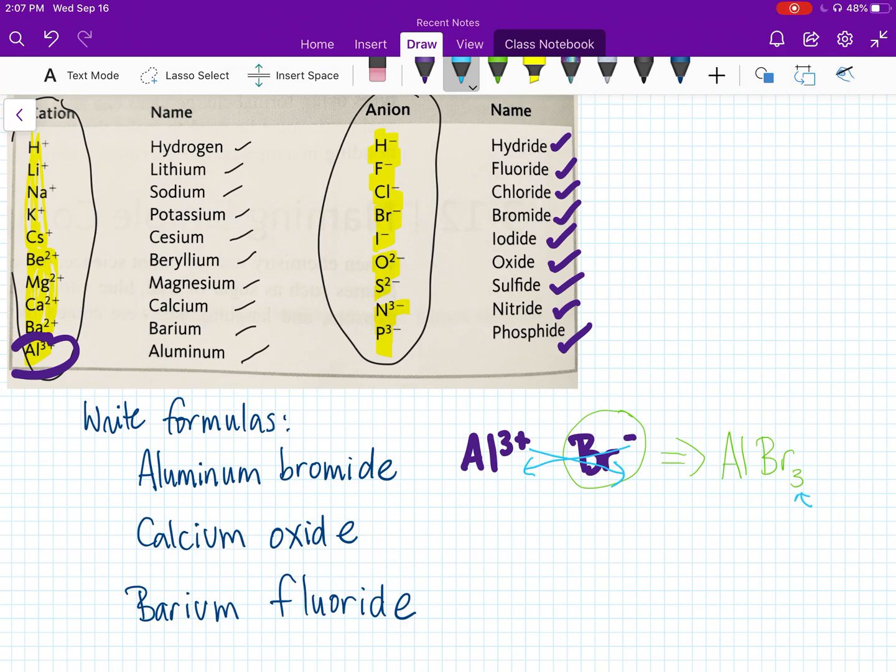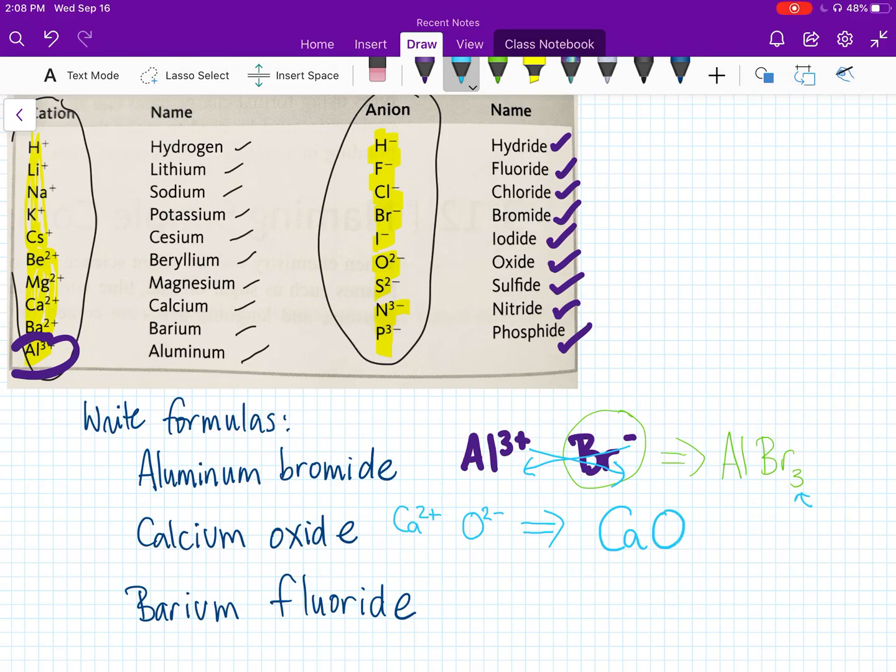Let's do the same for calcium oxide. Calcium is an alkaline earth element, so it's going to be Ca2+. Oxygen is in group 16, so it's O2-. Now, when those come together, notice their charges are equal in magnitude. 2+ and 2- cancel each other out. So those will come together in a 1-to-1 ratio.